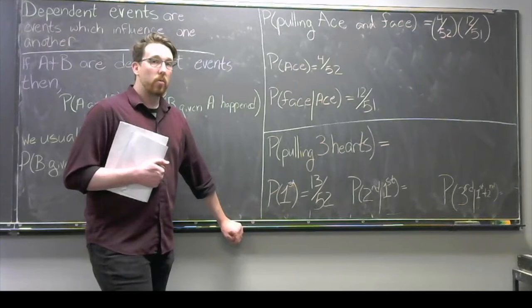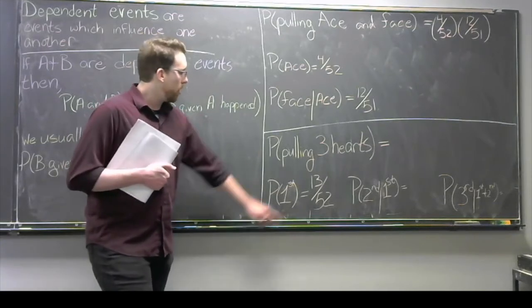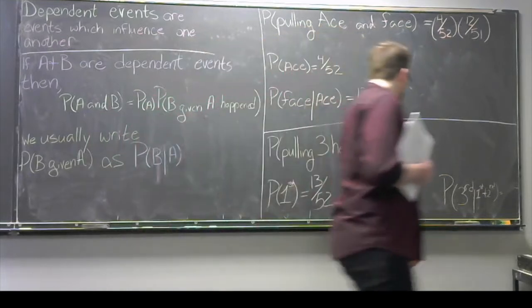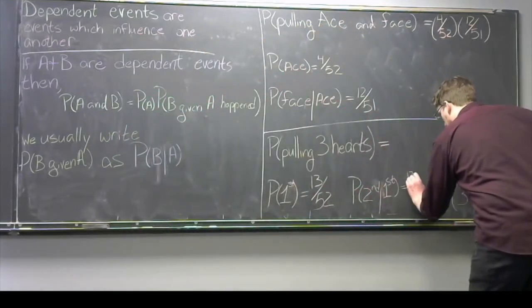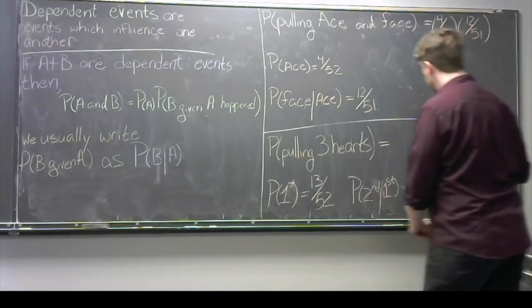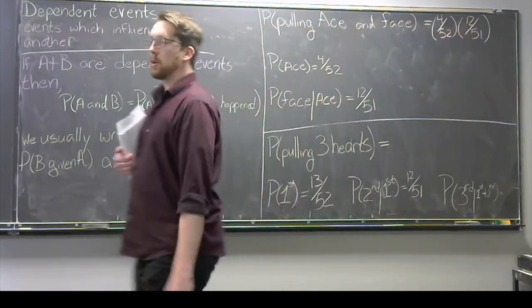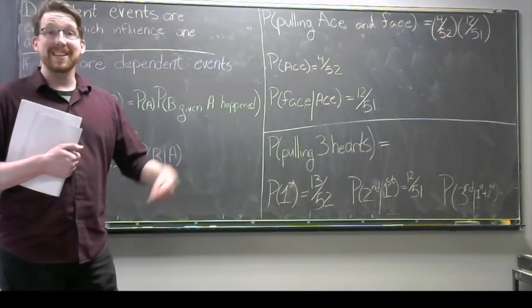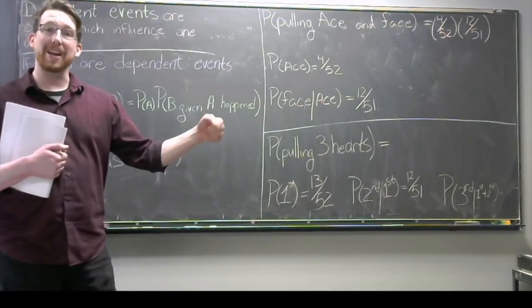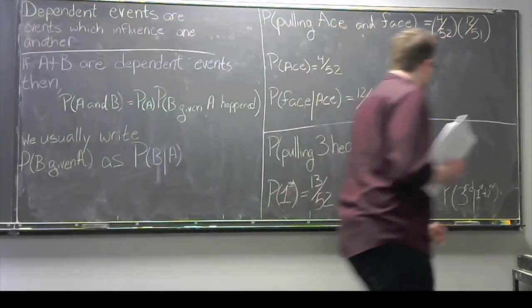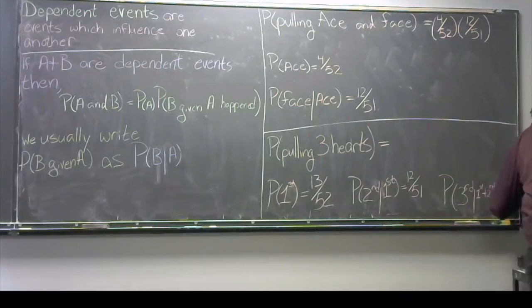Pulling the second heart, well, again, like I started to say before, there's now 12 hearts and 51 cards. So, this is going to be 12 divided by 51, my apologies. And pulling that third heart, given that we pulled the first and the second, well, that's going to be 11 over 50.